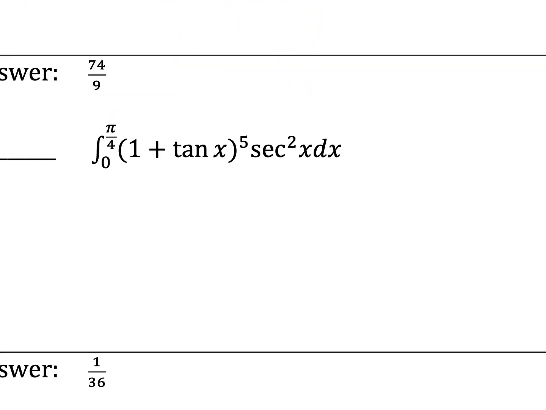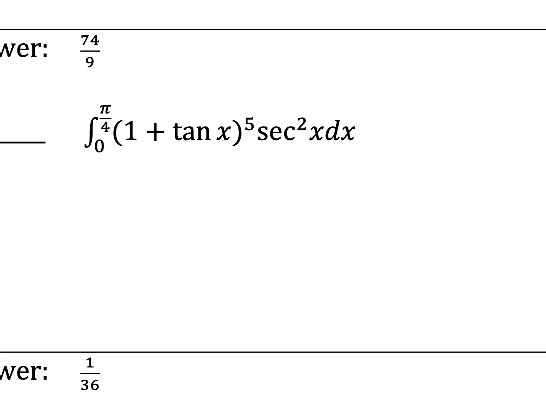Okay, next one. Here we have a secant squared on the outside and a tan on the inside, so definitely we'll make u this whole thing. If you make u 1 plus tan x, when you take the derivative, the 1 goes away, and the derivative of tan x is secant squared x, so perfect.